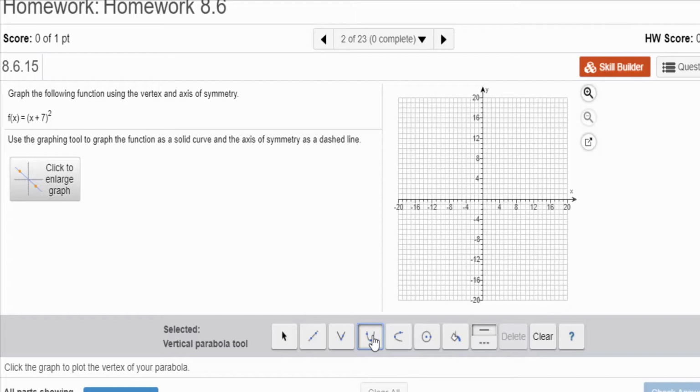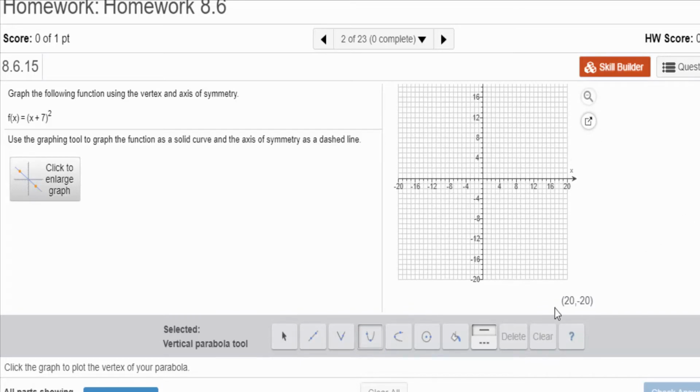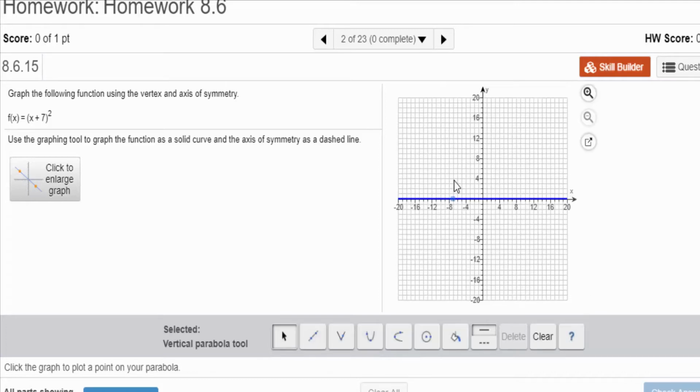And you're going to want to punch in the vertex first, which was at -7, 0, remember. If you scroll down a little bit, you can see what point the cursor is actually pointing to. So we want this ordered pair to be -7, 0. So that would be right there.